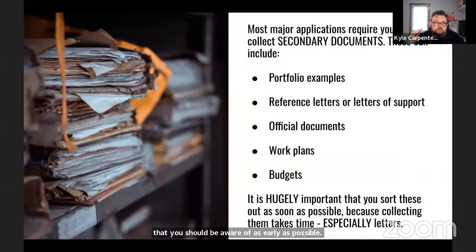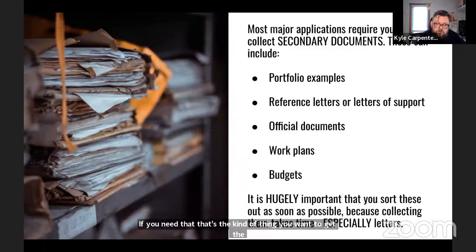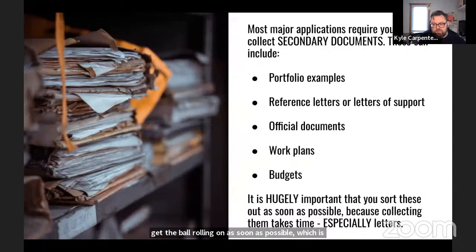You might also need reference letters or letters of support. So often just a letter from a mentor or a community member who's willing to say that you've got the goods, that you can complete the project you're proposing and that it's of value, that kind of thing. If you need that, that's the kind of thing you want to get the ball rolling on as soon as possible, which is why, again, you want to get started early and you want to review everything.